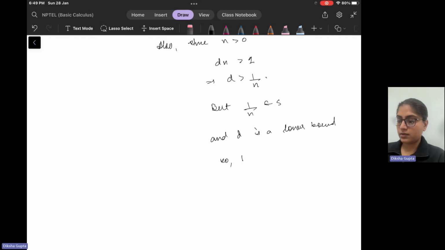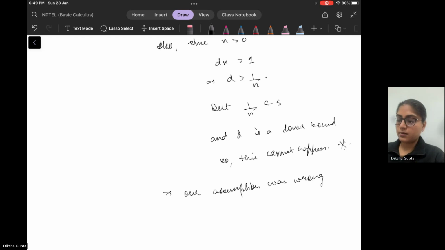So this cannot happen, because every element of S should be greater than D, and we have found a number which is less than D. Contradiction implies our assumption was wrong, implies D is less than or equal to 0. So we have shown that every lower bound of the set is in fact less than or equal to 0.